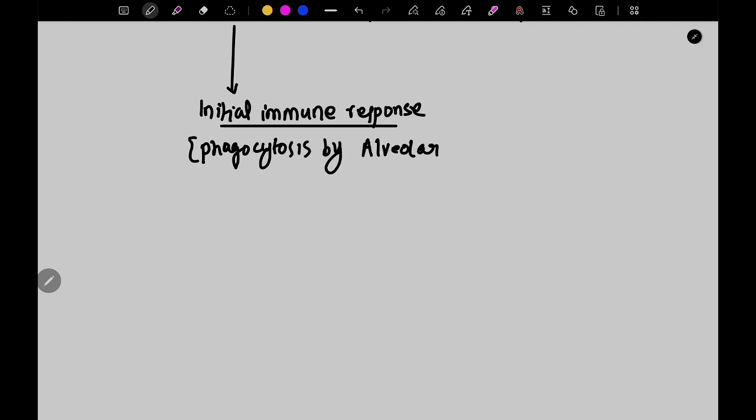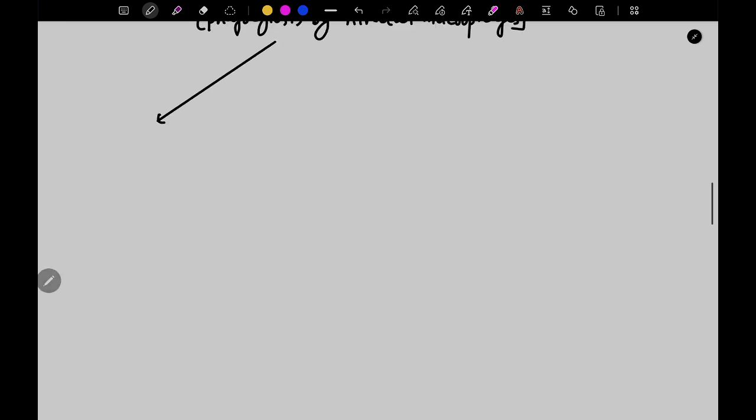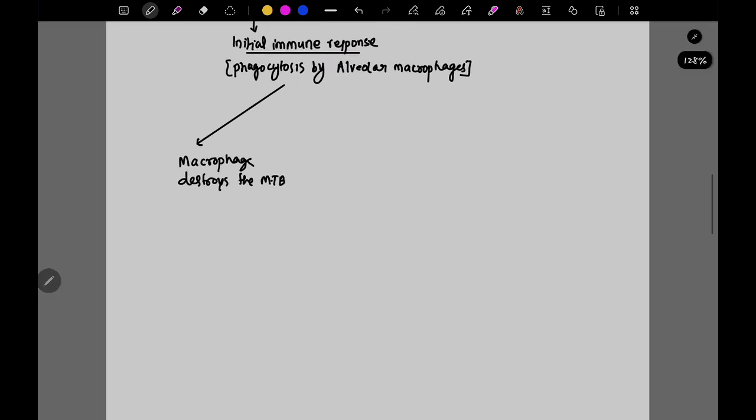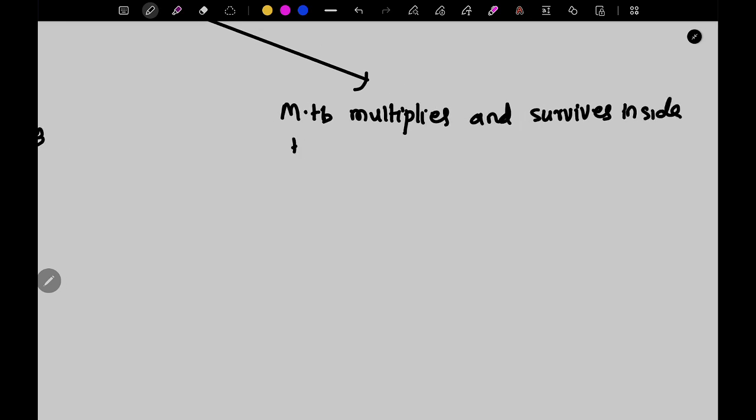After this it can take two paths: the macrophage destroys the Mycobacterium tuberculosis, or the Mycobacterium tuberculosis survives and multiplies inside the macrophages.